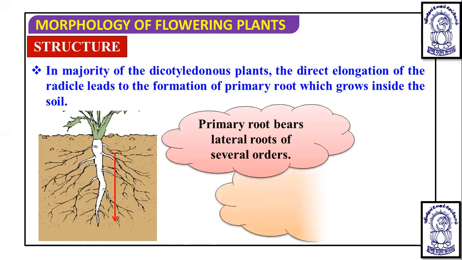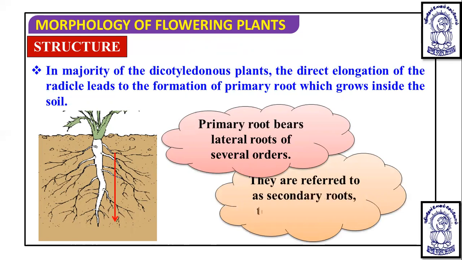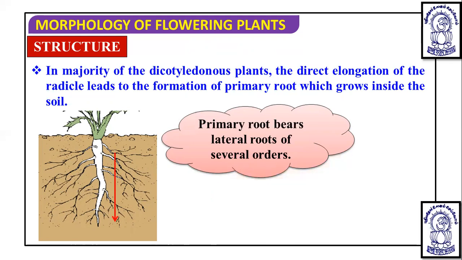In this diagram, the primary root bears lateral roots in several orders. This is the primary root, which is the direct elongation of the radicle.